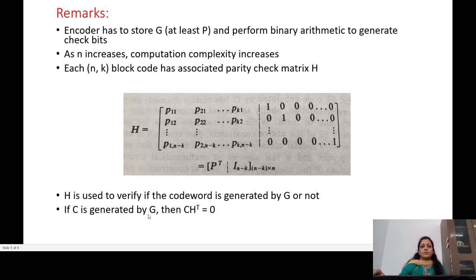So if you are checking for this particular property, then make sure that whatever parity matrix you are using in G, the same parity matrix is taken and its transpose is written in order to generate H, and that H transpose is taken for the calculation here. You cannot use two different parity matrices, one for generation of code word and another for identifying the error. You have to use the same parity matrix both at the encoding part and at the decoding part as well.